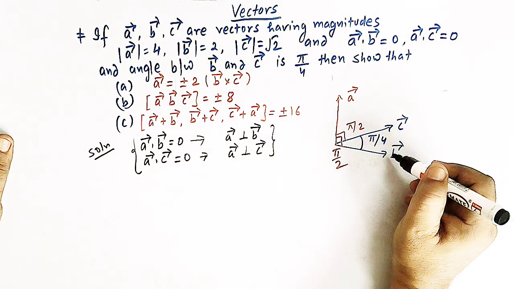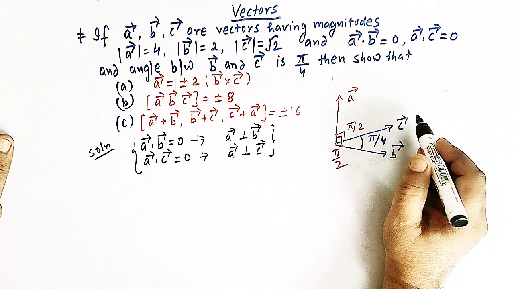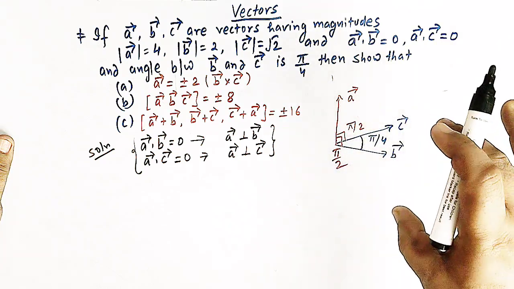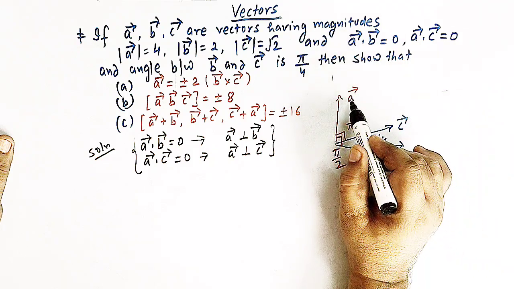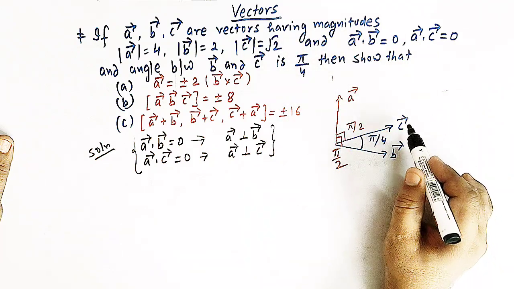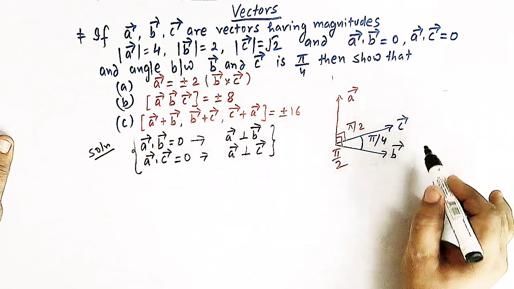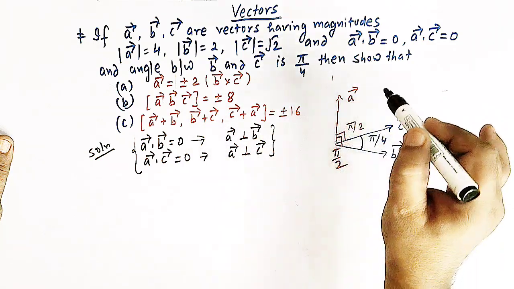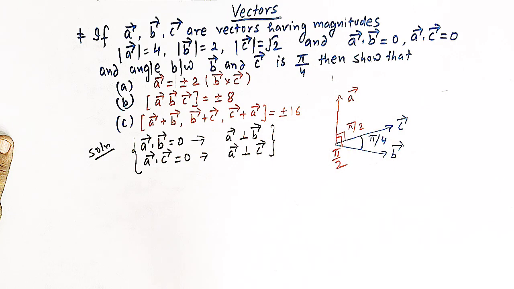So now see, vector B and vector C lie on a plane, right? And on that plane, this vector A is perpendicular. So if vector B and vector C are lying on some plane, then this vector A is perpendicular to that plane, right?